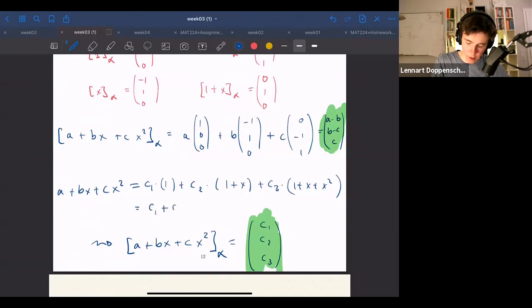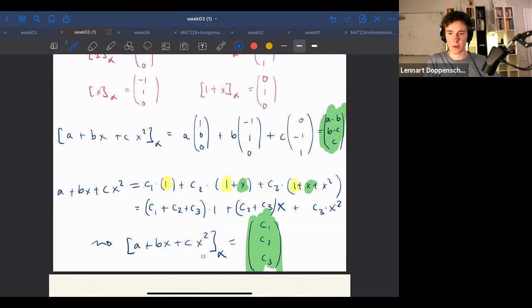So we have C1 plus C2 plus C3 because they're all coefficients of 1. Here there's a 1, there's a 1, and there's a 1. And then there's various x's. There's an x here and an x here, so we'll have plus (C2 plus C3) times x. And then we only have C3 times x squared.